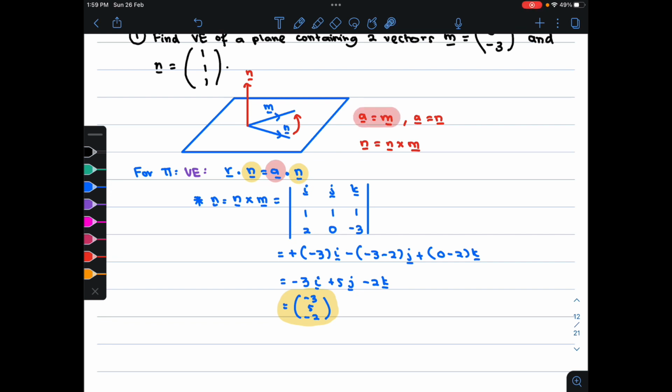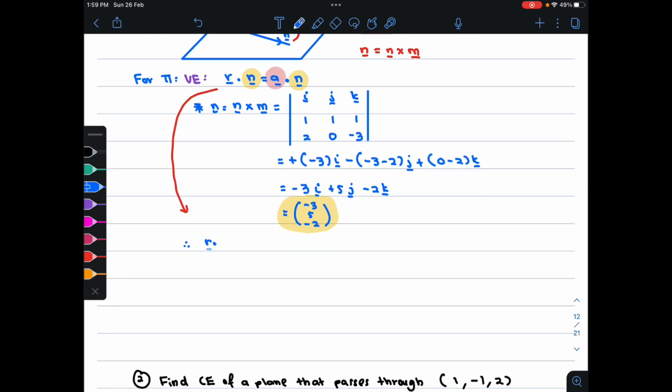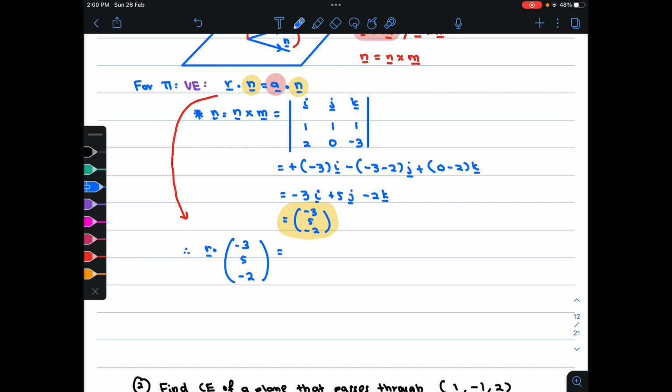So now, let's substitute both of these vectors into the vector equation of the plane. Copy down the vector r, substitute vector n, the vector a, which is the vector m, and the normal vector again.